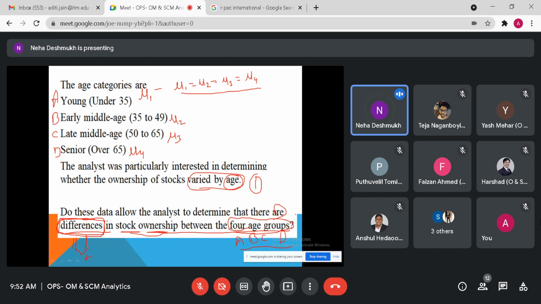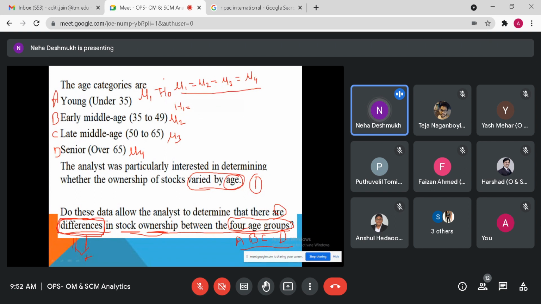Now, it is determined that there are differences in stock ownership between four age groups. Differences means, is there any variation? So how to represent this? We can represent this by H0 and H1. There is no difference in the population means.